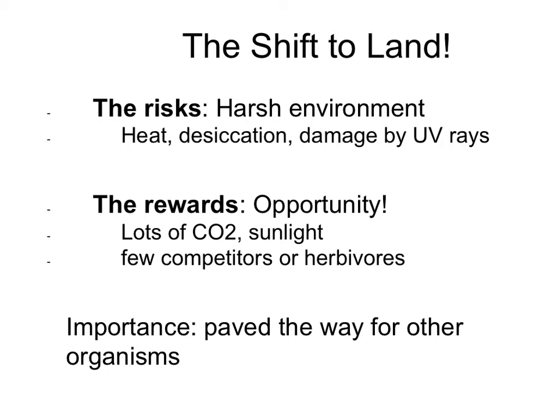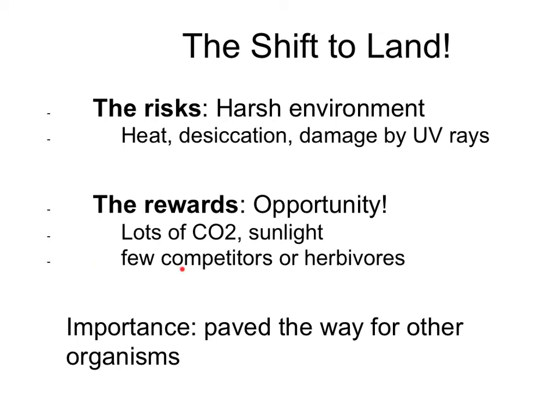But for plants, there was also a lot of reward, primarily in the form of opportunity. If plants were to leave the water and shift to land, there would be lots of carbon dioxide. So the atmosphere that did exist had lots of carbon dioxide. There was also tons of sunlight. So these photosynthetic organisms would have access to tons of sunlight in order to thrive.